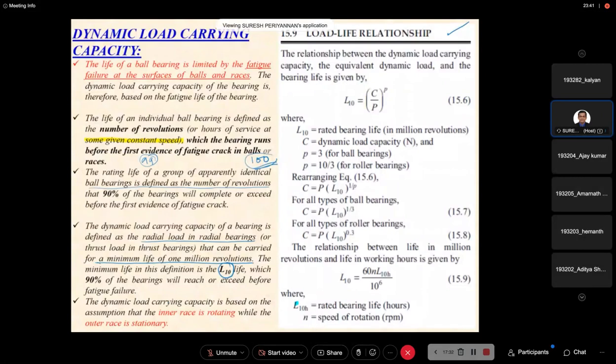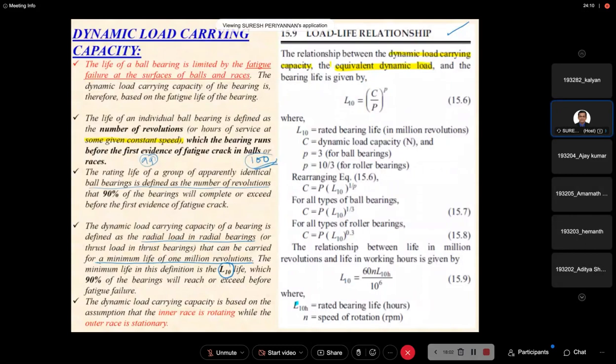Now, the dynamic load carrying capacity is based on the assumption that the inner race is rotating and the outer race is stationary, or vice versa. Now I come to the load-life relationship of the bearing. This is the relationship between the dynamic load carrying capacity and the equivalent dynamic load.